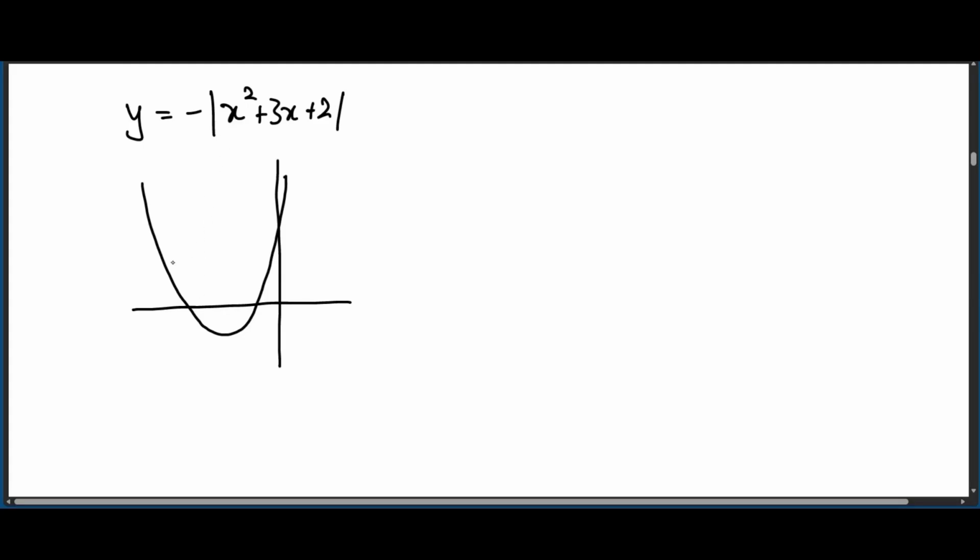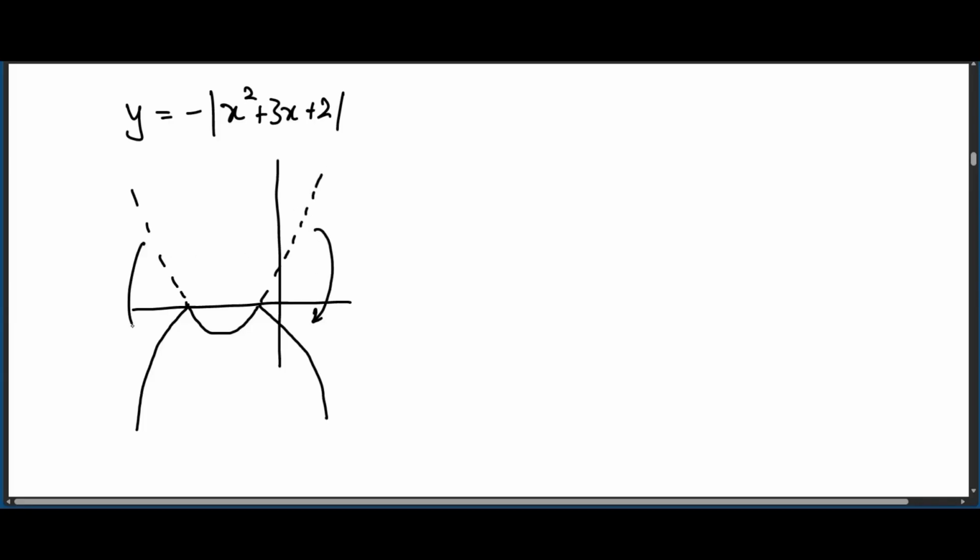Which part will flip now? Yes, the positive part. Positive will become negative, and negative will remain negative, right? So the positive part will flip downwards. It will end up like this and like this. Your graph will look like this. It used to be here, but it flipped downwards.